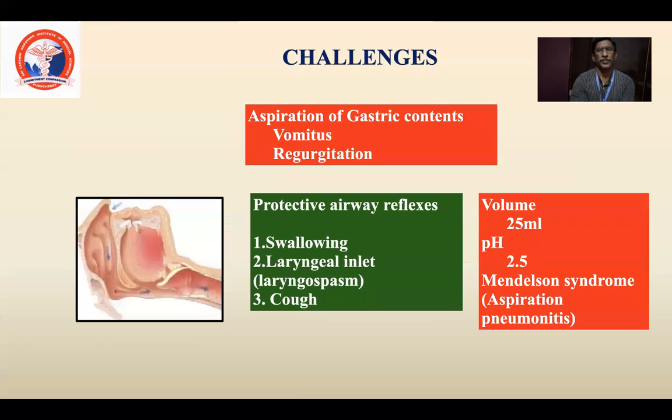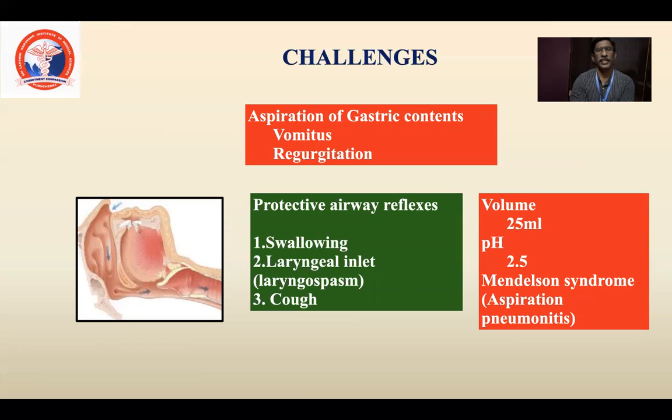Next challenge is aspiration of gastric contents. It can be a vomitus or an esophageal regurgitation. Generally, there are three protective airway reflexes. One is swallowing. Anything comes to the oral cavity, the subject will swallow.